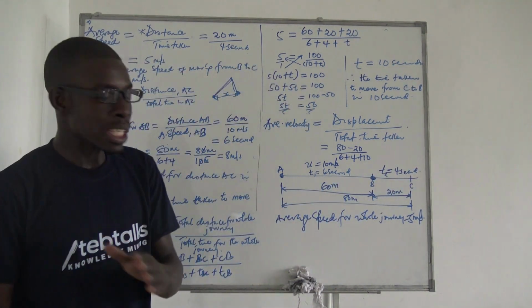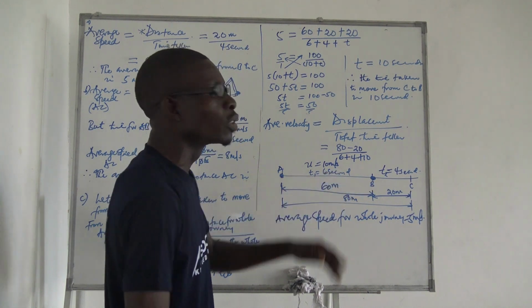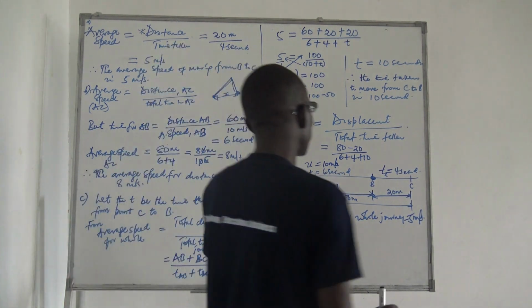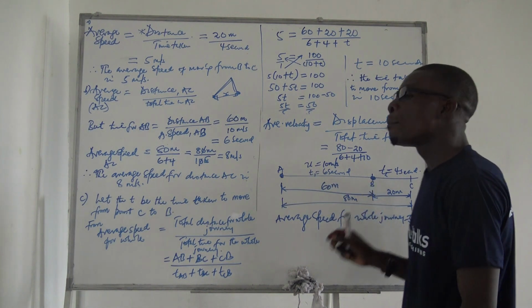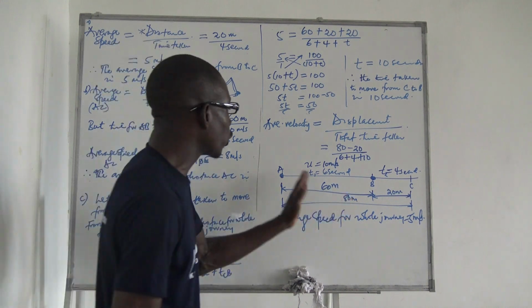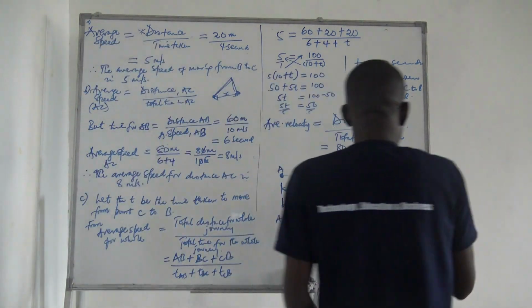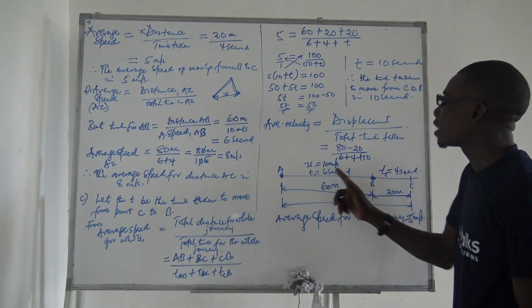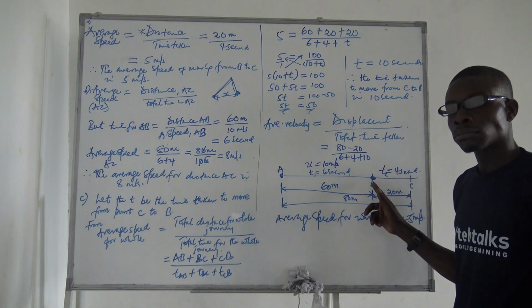You may be thinking that if displacement is this, we should also only use 6. However, the resultant displacement is 60, but that resultant displacement was performed in a total time of us going and coming. So we should look at the time for the whole of it. Because getting 60 was by first moving here, and then back.